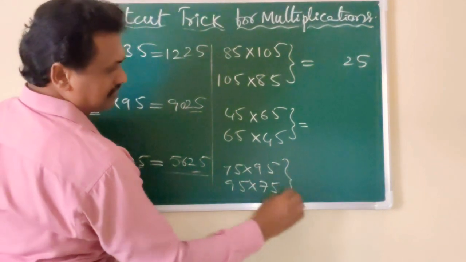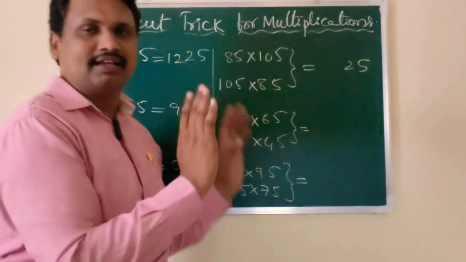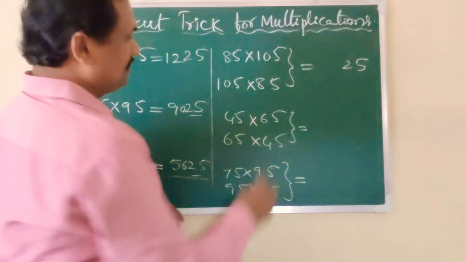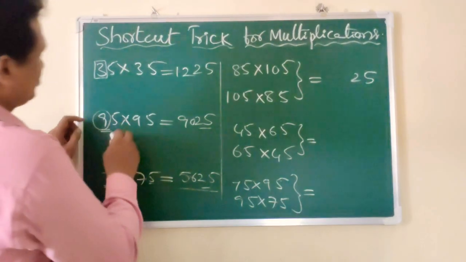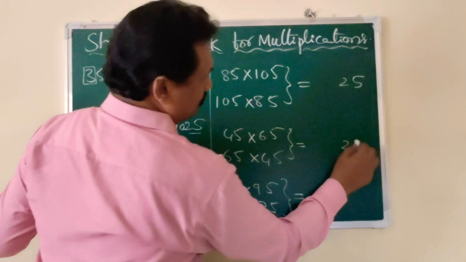When you notice numbers ending with 5 and a 20 difference, you can answer within 2 seconds without pen and paper. Here also 25 will come.